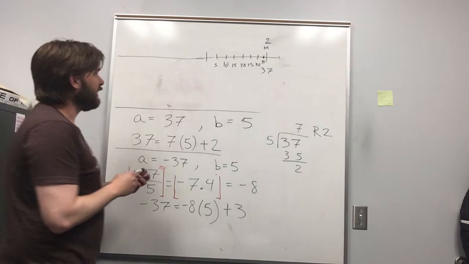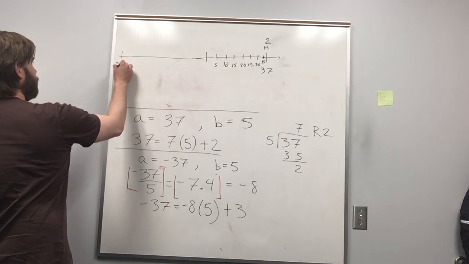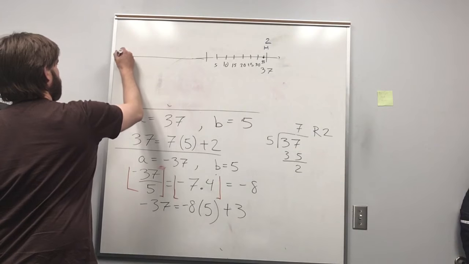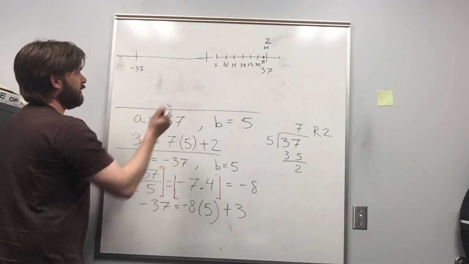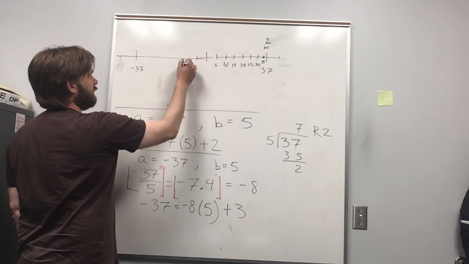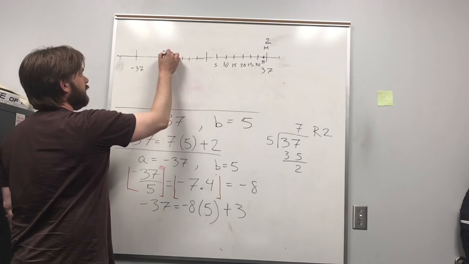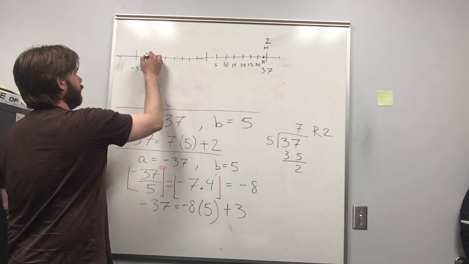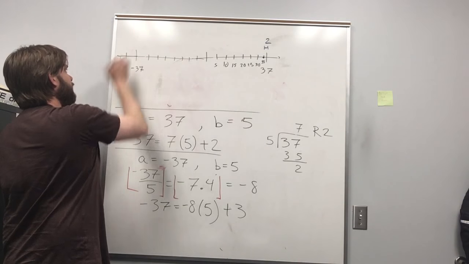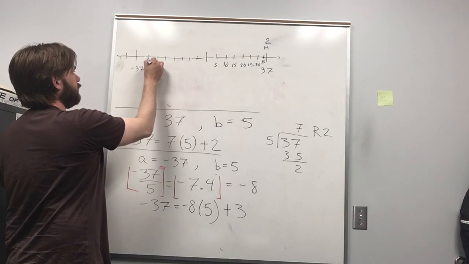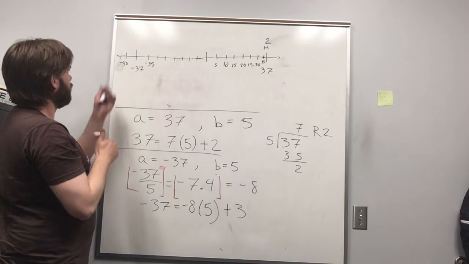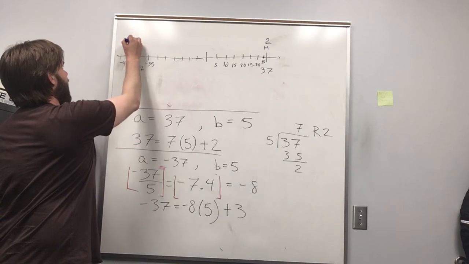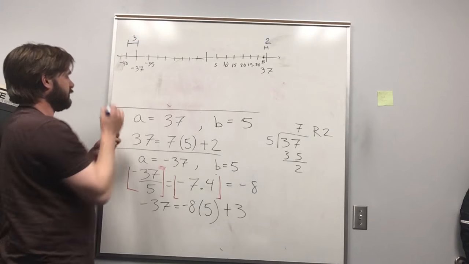And if you were doing it in the negative direction, the idea being you count by 5s, negative 10, negative 15, negative 20, negative 25, negative 30, negative 35, and then you overshoot the thing so that you actually have to add back to it.